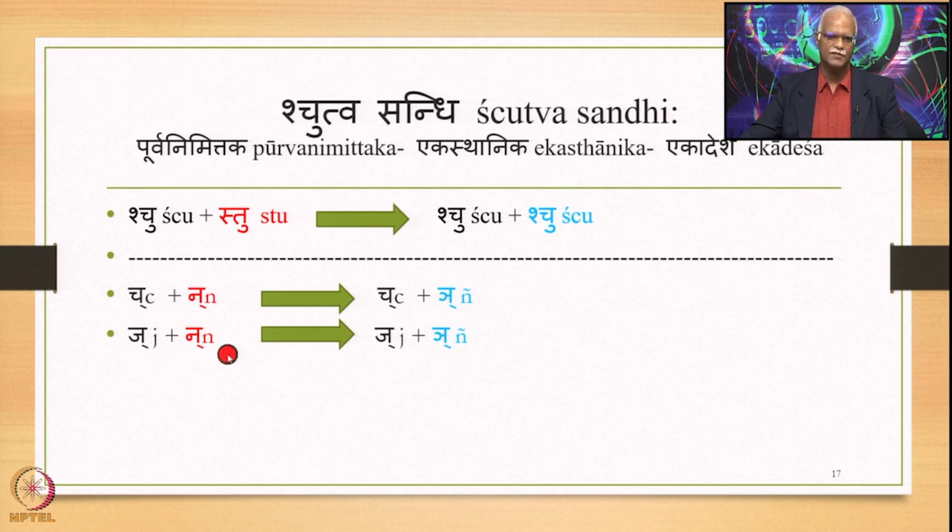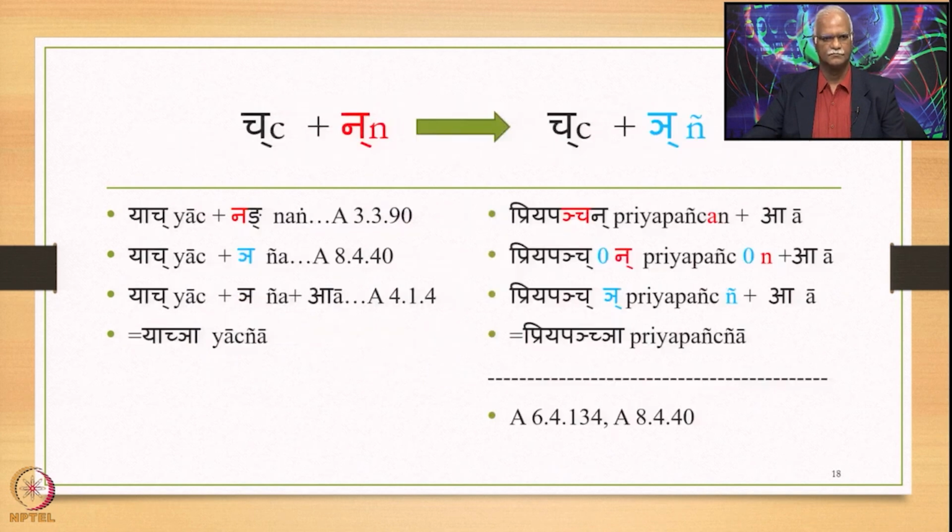Similarly, you have j plus na as the input and the output is j plus ya. Let us take the examples of ch plus na as the input and ch plus ya as the output.